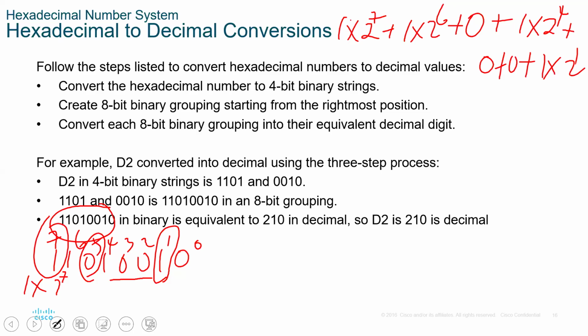So let us evaluate it. 2 raised to the power of 7 will give us what? 128. 128 times 1 is 128.